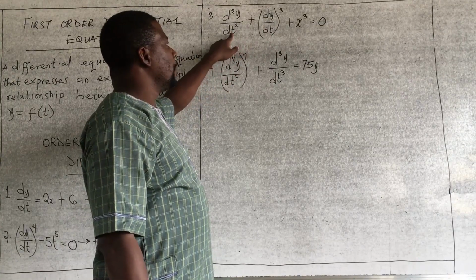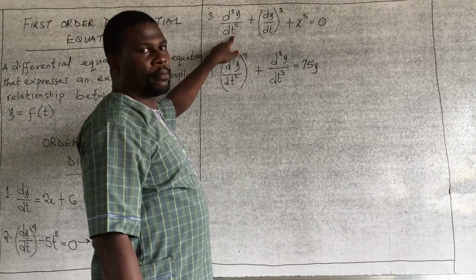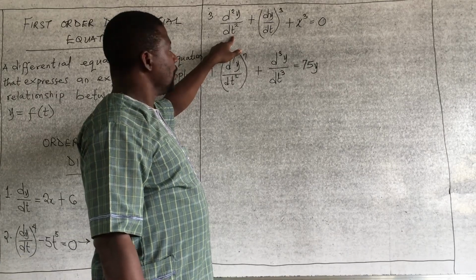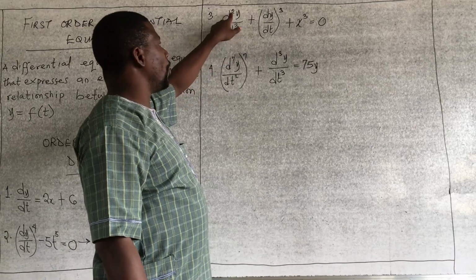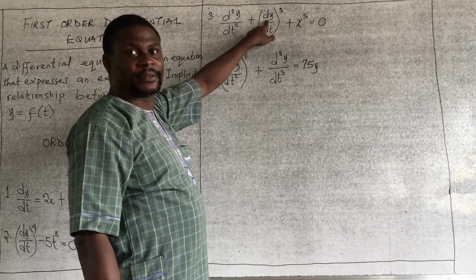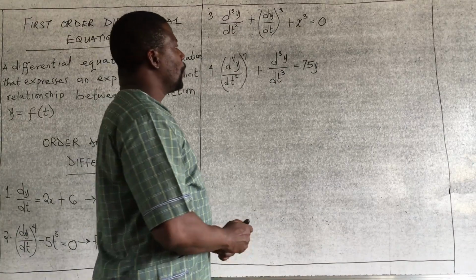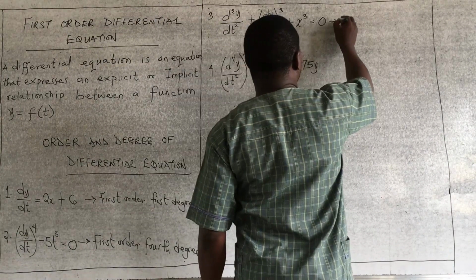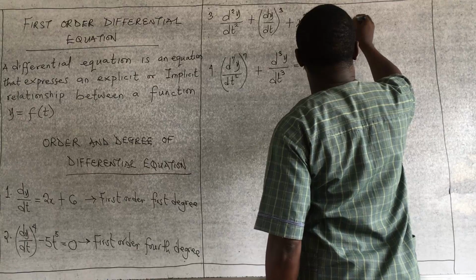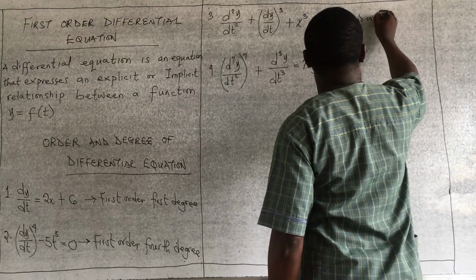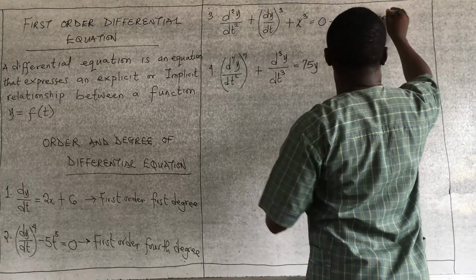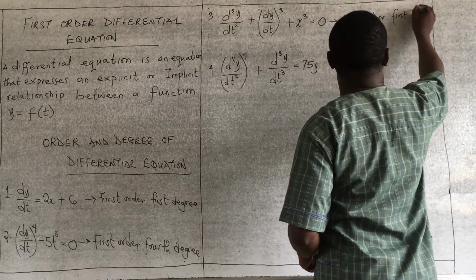Because this one is having more order, that is, the order is higher than this. So here now, our answer is second order, first degree.